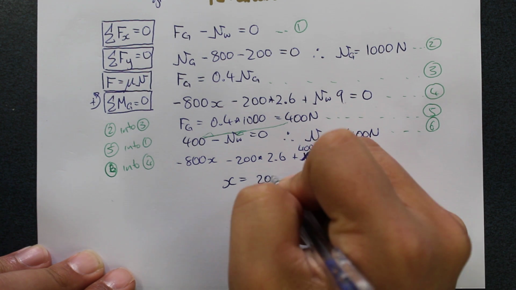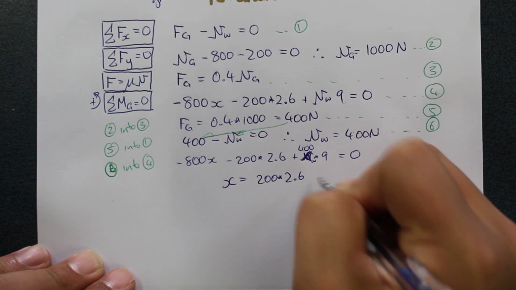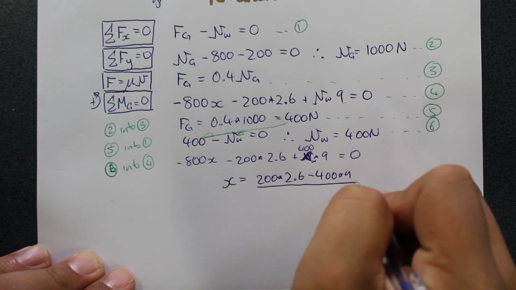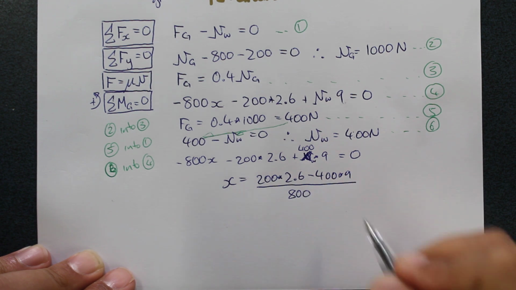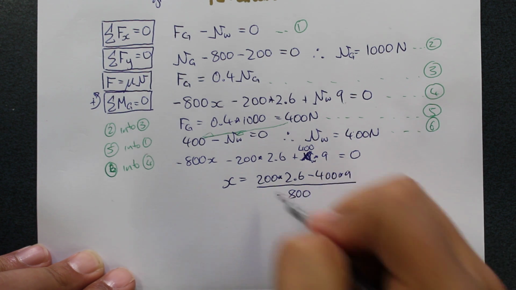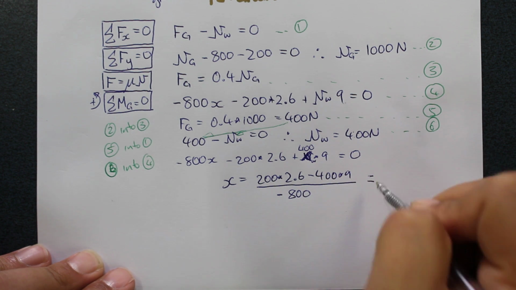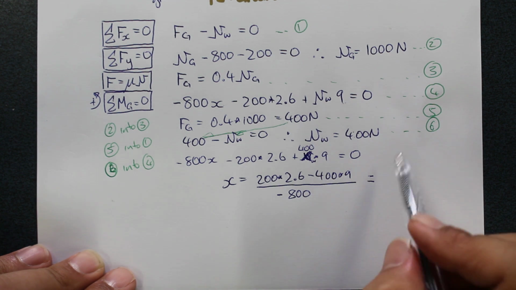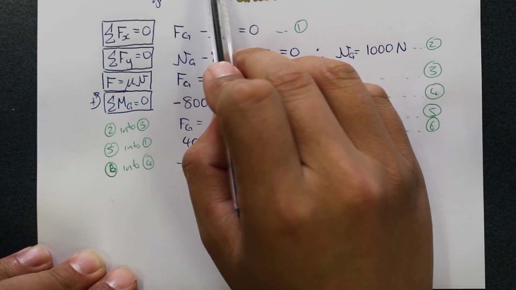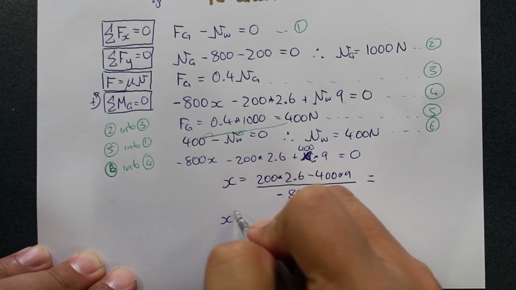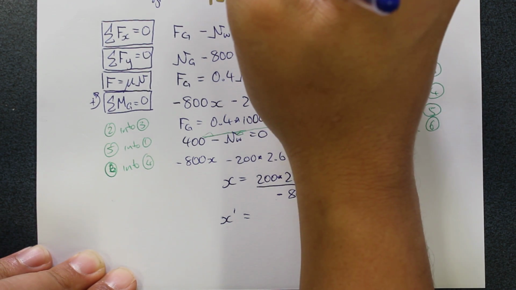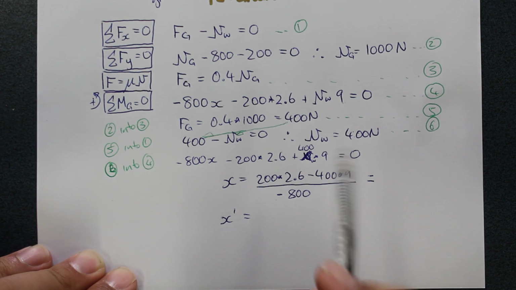So this will be 200 times 2.6 minus 400 times 9, divided by negative 800, and we'll get a value for x. Once we've got the value for x, we can also calculate x prime, based on this angle. I'll leave that for the next video.